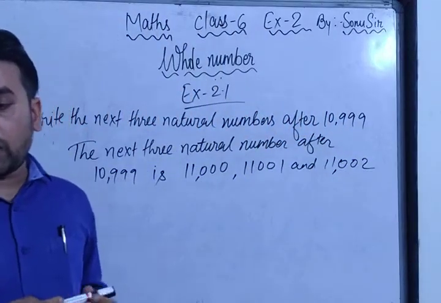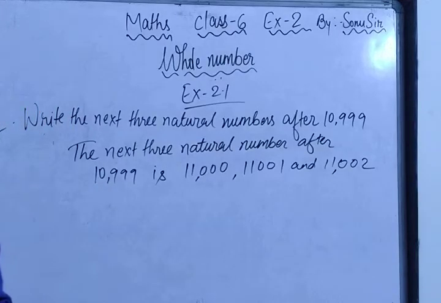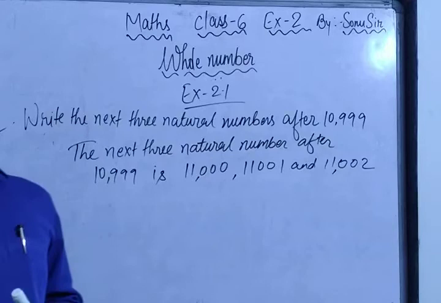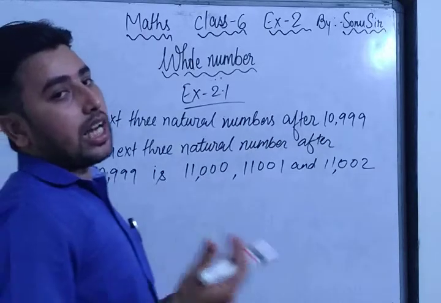Now the second question is: write the 3 whole numbers occurring just before 10,001. Whole numbers are the numbers which start from 0.